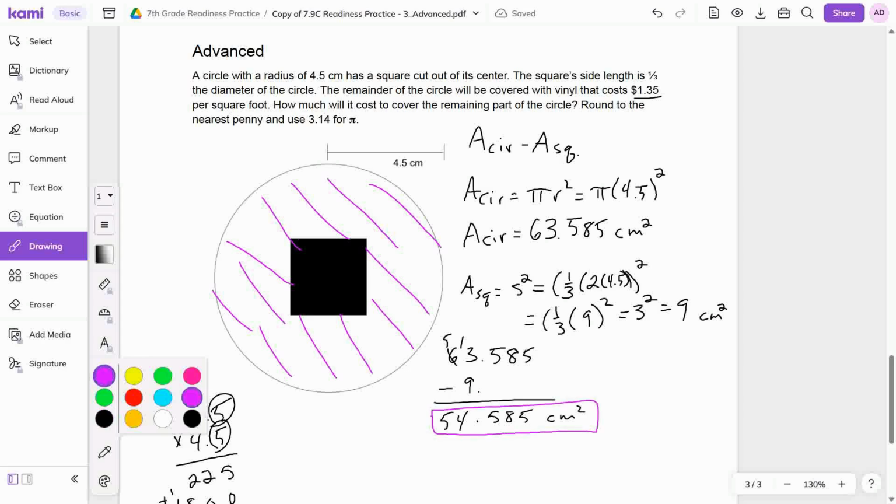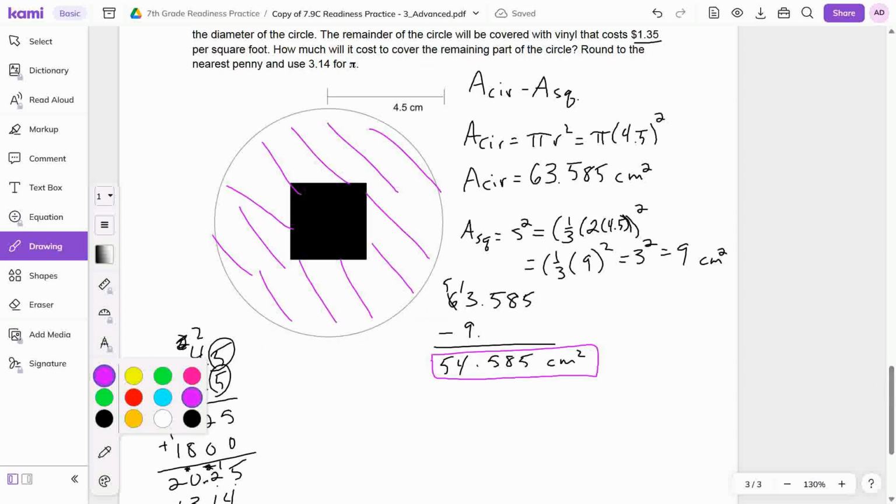I'm going to go ahead and just drop that last 5. I'm going to round that to 54.59 because now I need to multiply, and I need to end up rounding to the nearest penny, right? So we have to multiply this times 1.35, and that should say square centimeters, right?